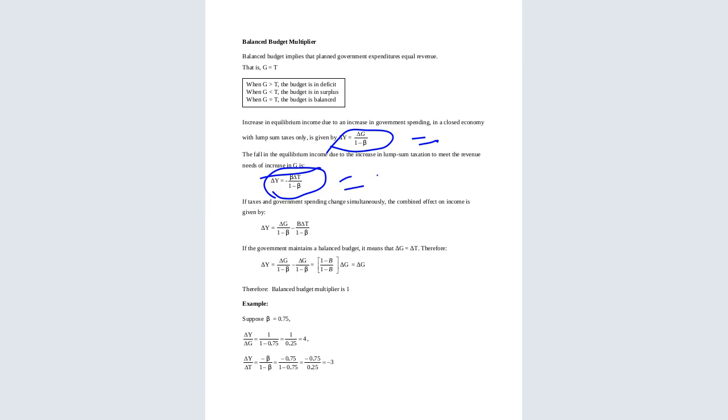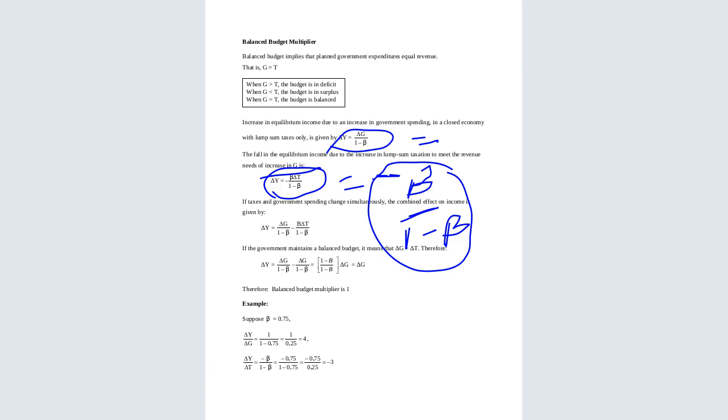Negative beta over 1 minus beta. That is the tax multiplier. So which tells you if the tax increases by 1 unit, then the income would actually reduce by that figure.